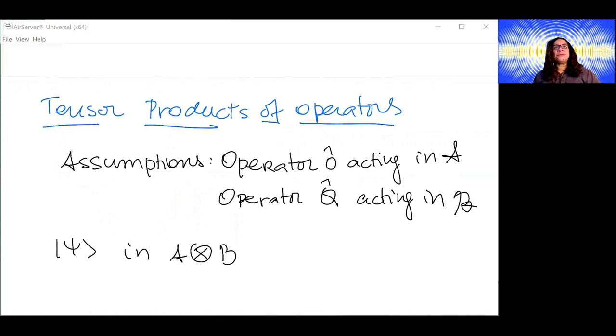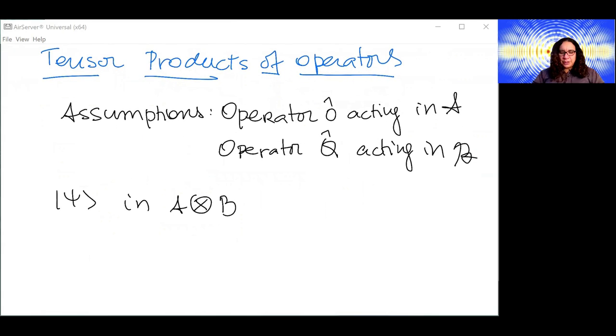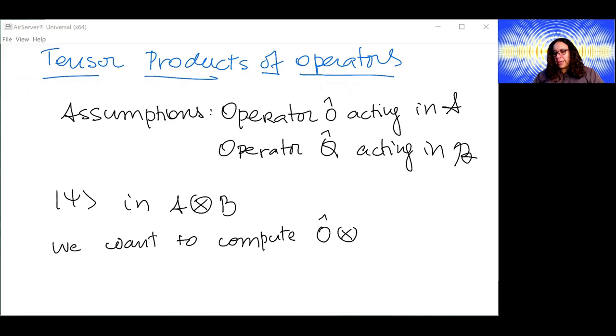What are we going to do? We want to compute the tensor product of O and Q applied to psi. This is what we would like.